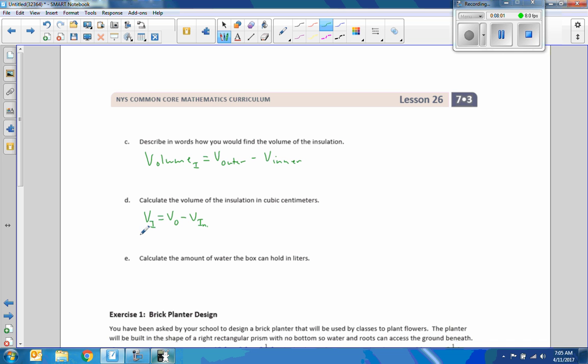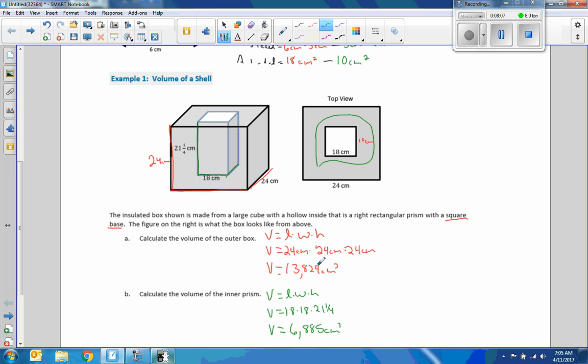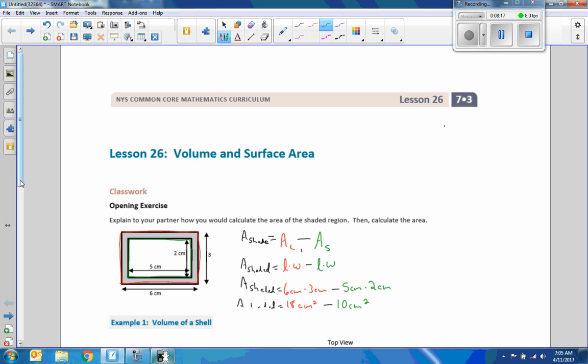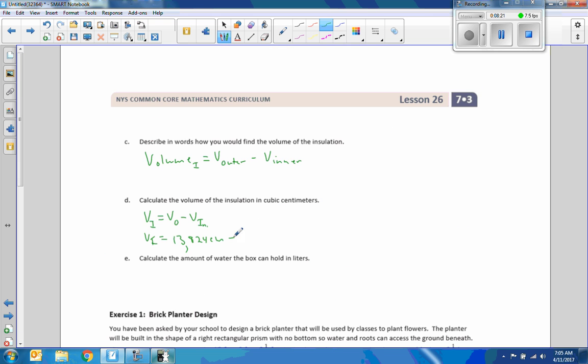So the volume of the insulation is going to equal 13,824 minus 6,885 centimeters cubed.